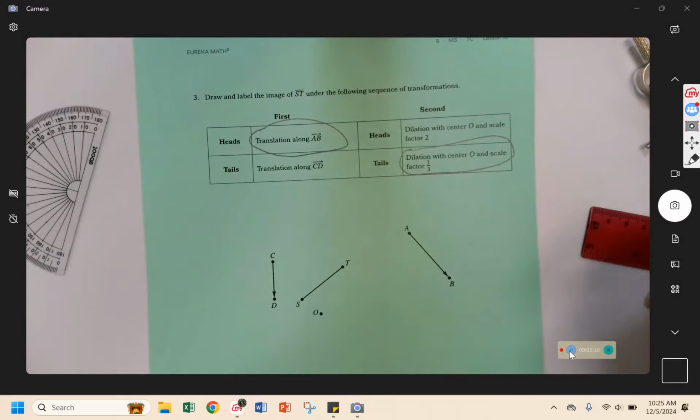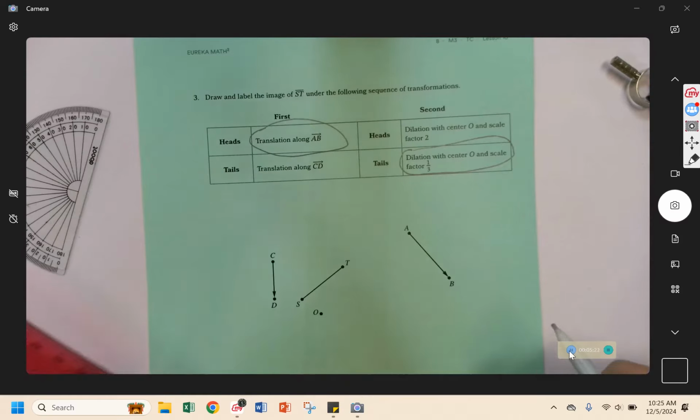So to start, we are going to translate along AB. So we'll extend the line through that vector.